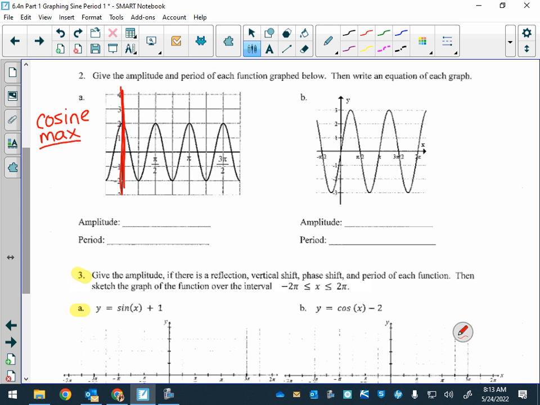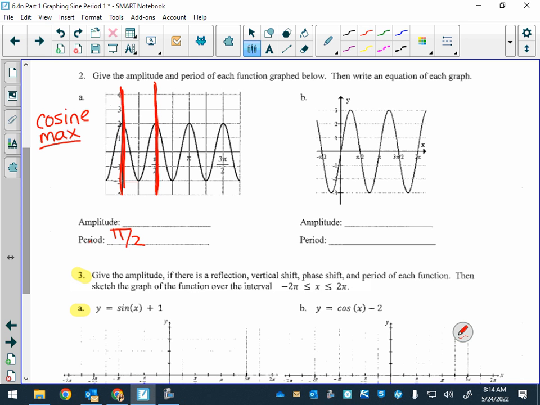So if we're starting here, one full rotation ends where? Careful. Yeah, Liam. Pi over 2, because think of cosine. If we're starting at the maximum, one full rotation should end at the maximum, correct? So from here to here is one rotation. So the period is pi over 2.